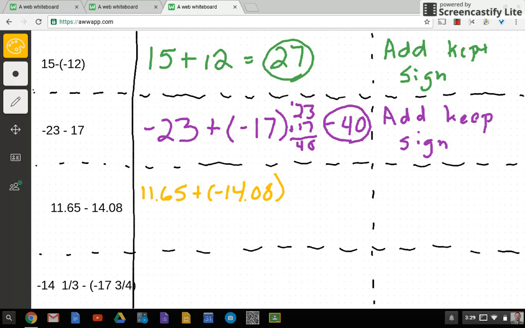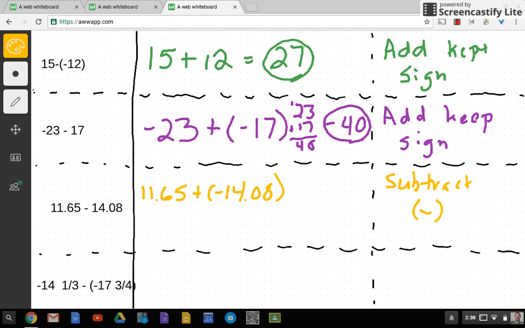Okay, so actually what I've got is 11.65 plus a negative 14.08. So the rule that I'm going to use here, because I have different signs, I'm going to subtract. And I'm going to keep the sign of the larger number. So it's going to be a negative sign.